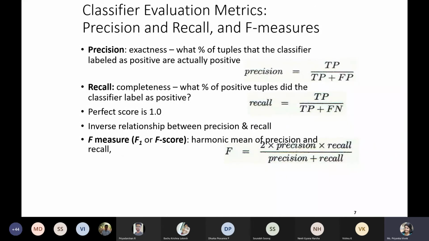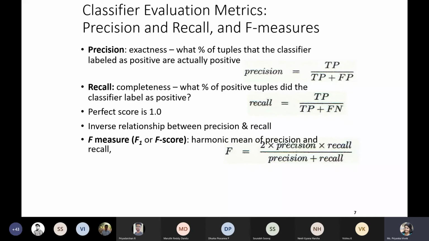But what we are talking about is how many were labeled by the model as positive. That is our denominator. The model has said that many are positive, out of which only true positives are the correct ones. That is what precision tells. So the denominator in precision is the number of samples predicted by the model as positive, and the numerator is the correct ones. That is our precision.